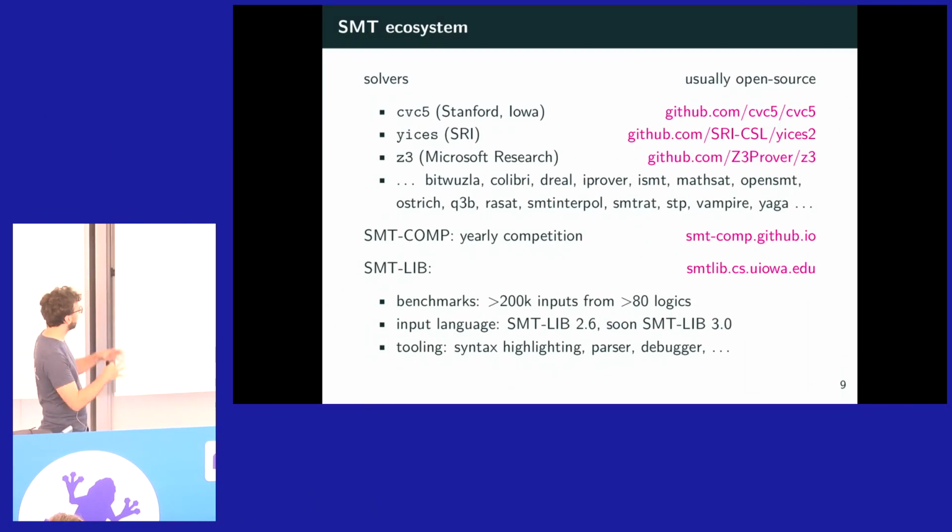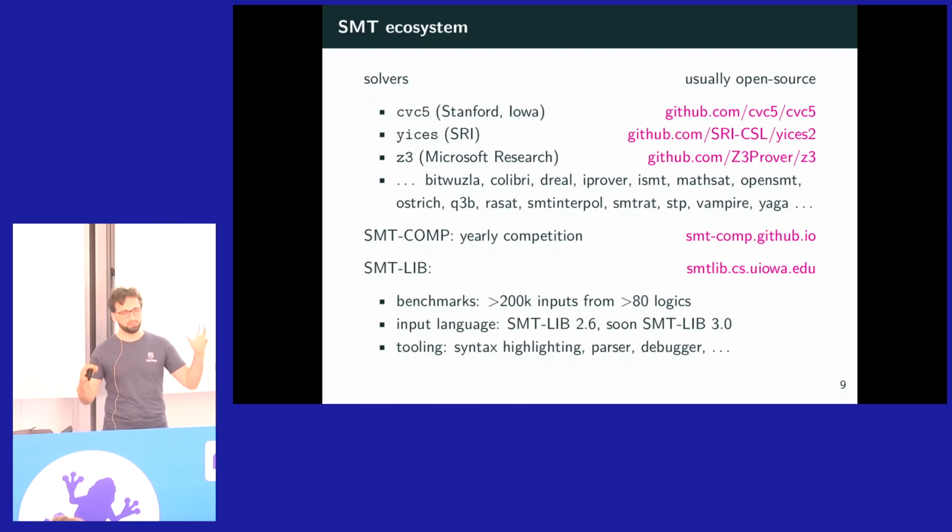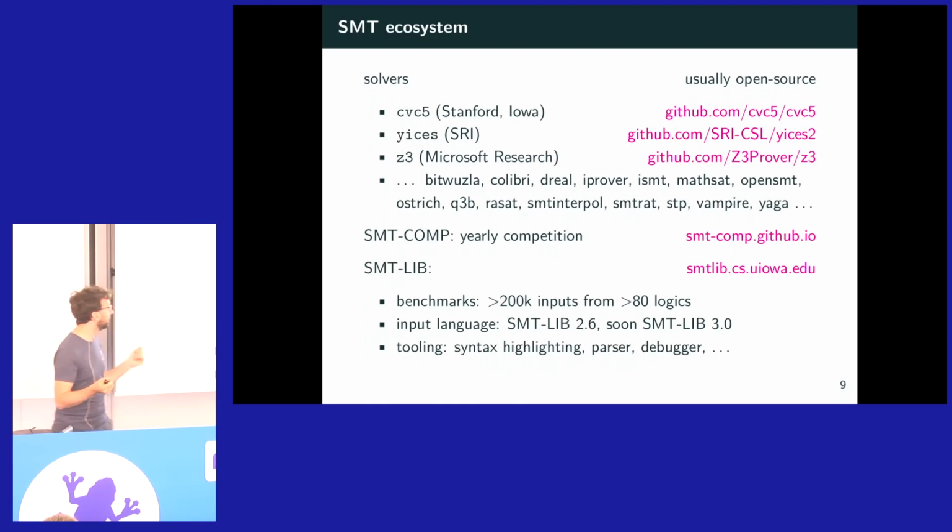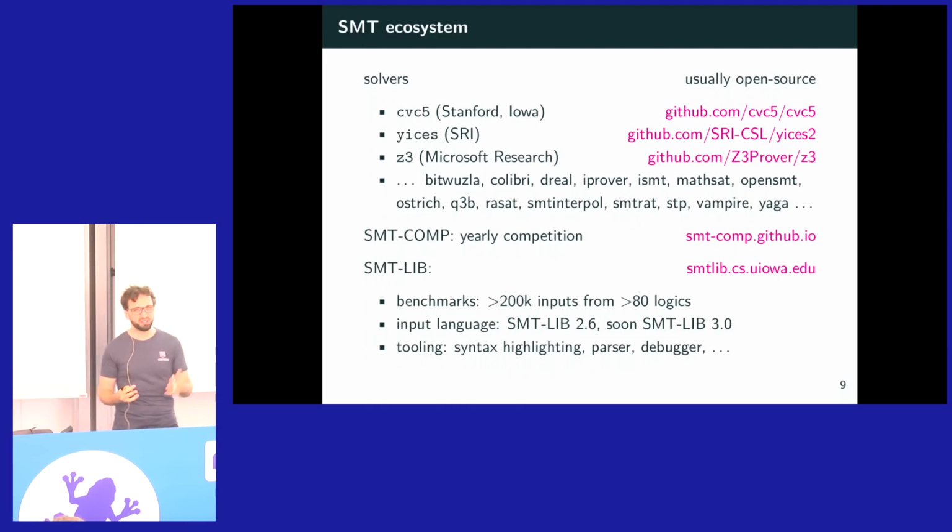And all this is kind of backed by the SMT-LIB initiative. It collects benchmarks. There are around 200K benchmarks from a lot of logics. Logics would be combinations of theories. If you have an application and solvers are maybe not performing that well and you want solvers to become better long-term, submit benchmarks.